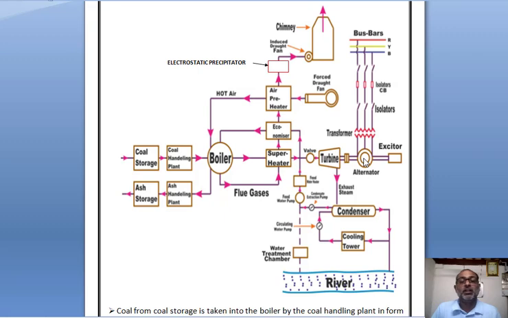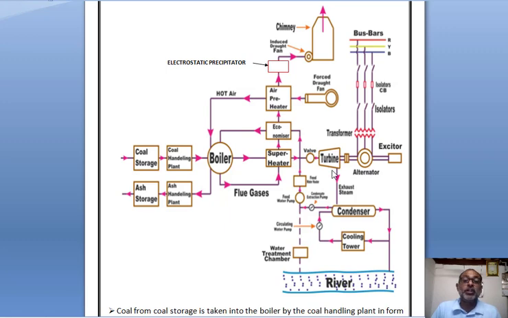So we don't require any external DC source, because we are connecting the exciter on the same shaft of the alternator, which produces DC supply, and this DC supply is applied to the field winding of the alternator, which produces magnetic field in the alternator.